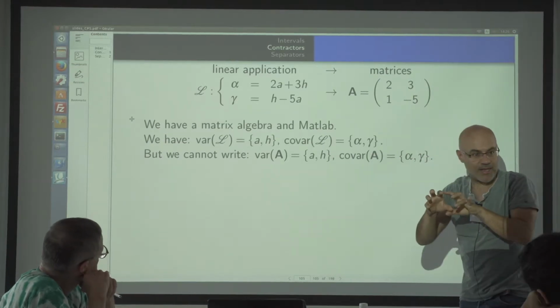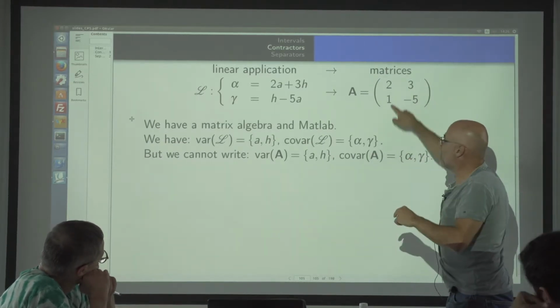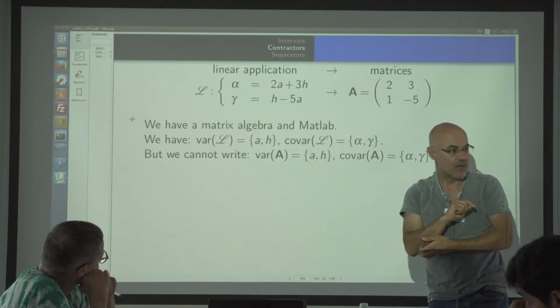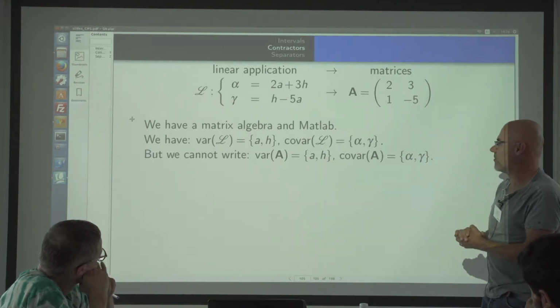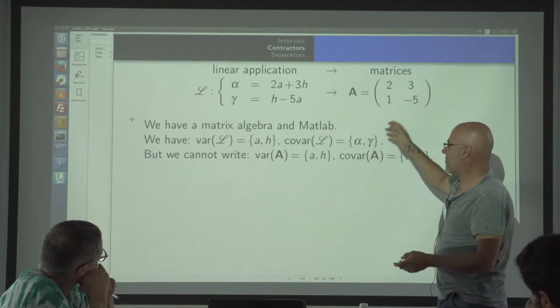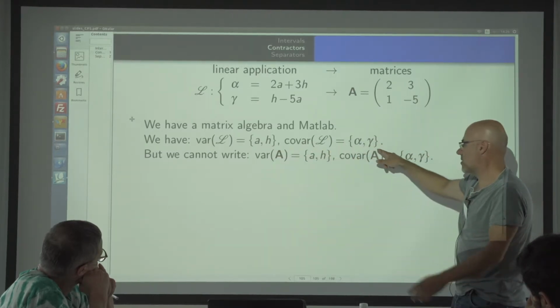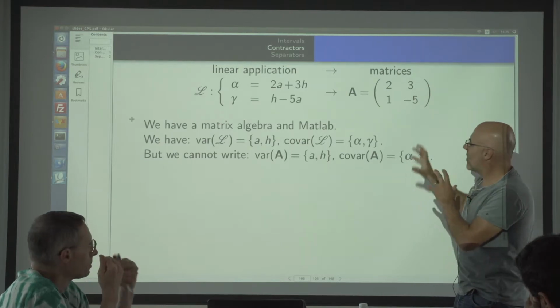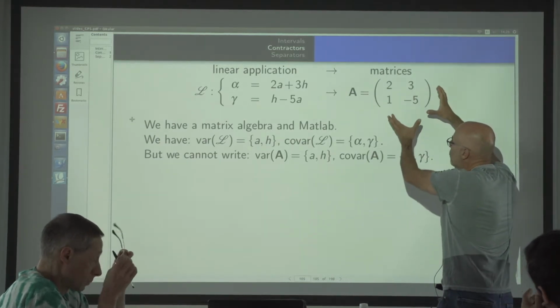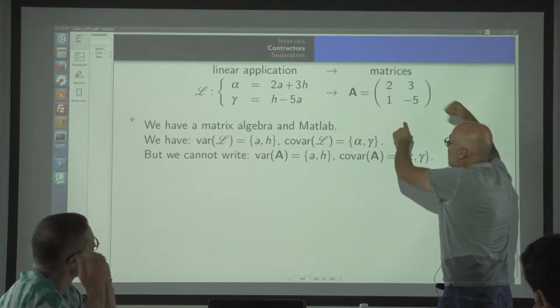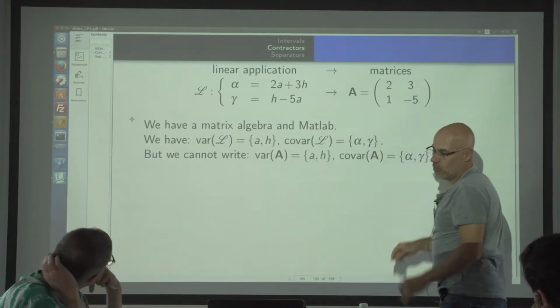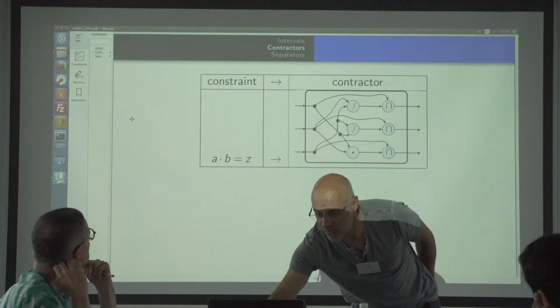And when we program in MATLAB, we have to remember that this corresponds to this variable. Okay. So if you want, we have a linear application, we have the variables, the covariables, and it's quite similar with the contractors. We have to remember which are the entries of a contractor.